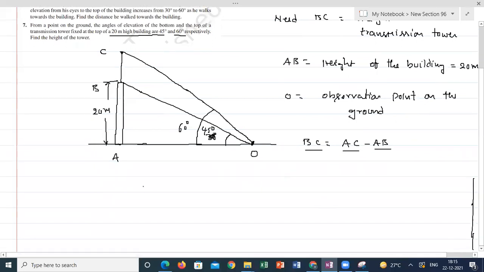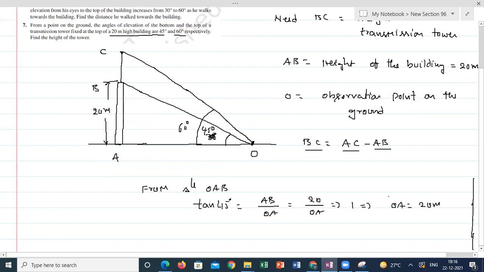So from triangle OAB, tan 45 is equal to AB by OA. That will be 20 by OA is equal to 1. From here, OA is equal to 20 meter.